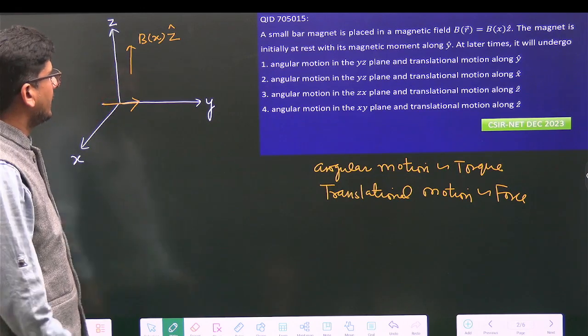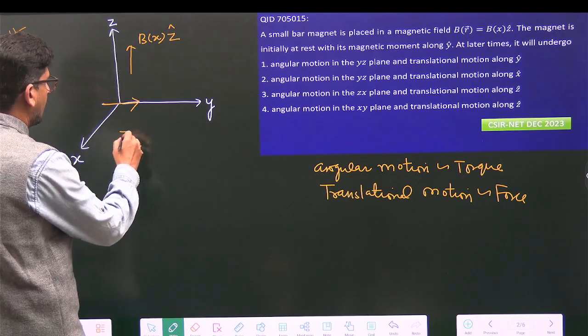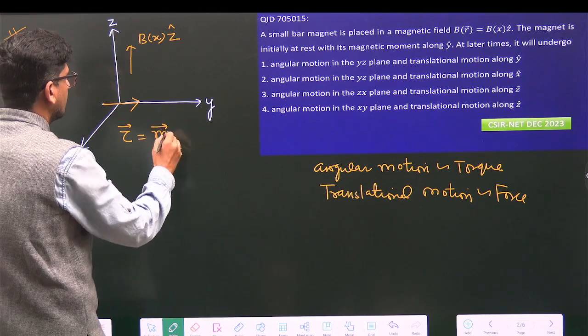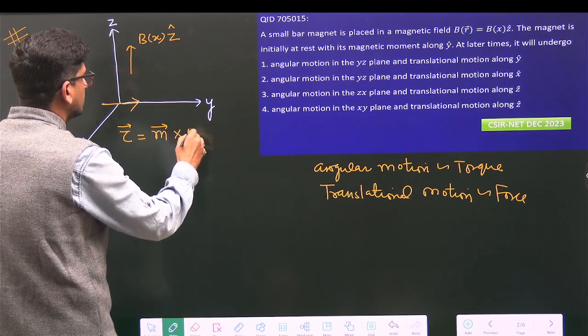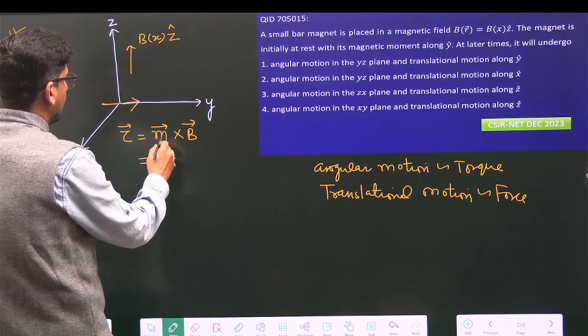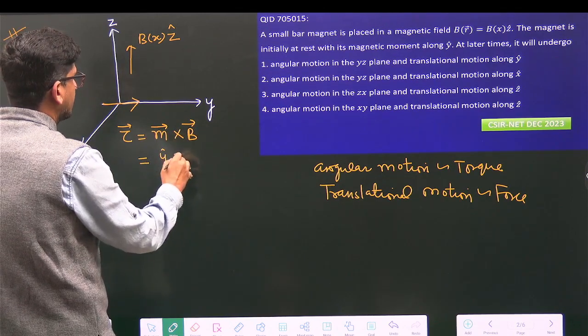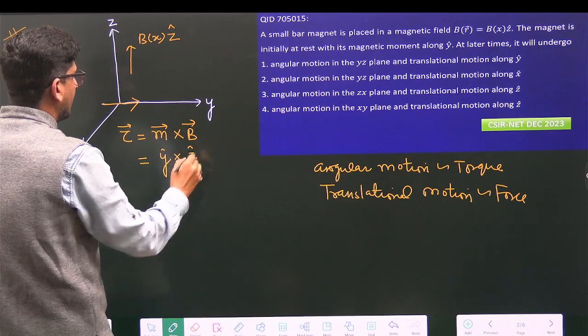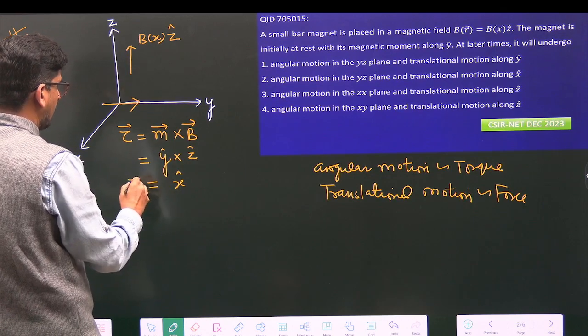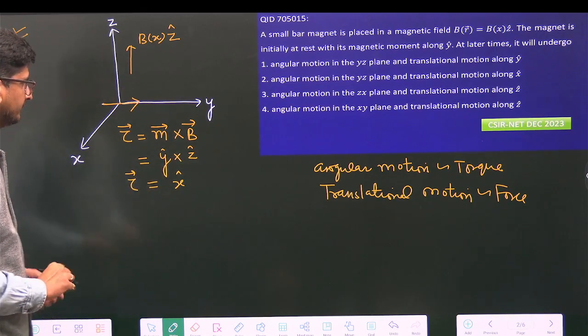So first of all, let me check the torque on the magnetic dipole. It is given by tau is equal to m cross b, okay? So m is in y cap direction and b is in z cap direction. So this will be in x cap direction. The torque will be in x cap direction.